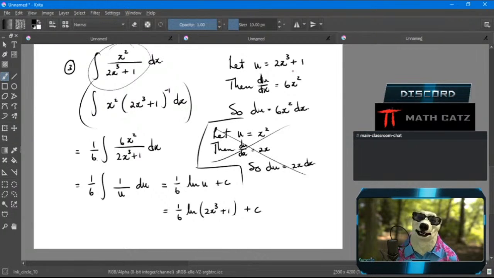So I try the other one, and then I see, oh, in the third line, the x squared features. So everything in my original integral features in my key on the left. So that's a better way to go.